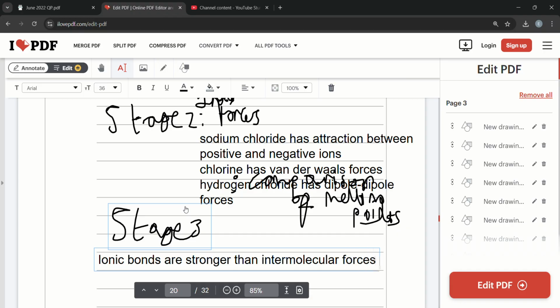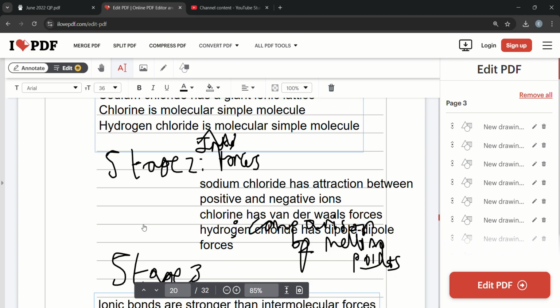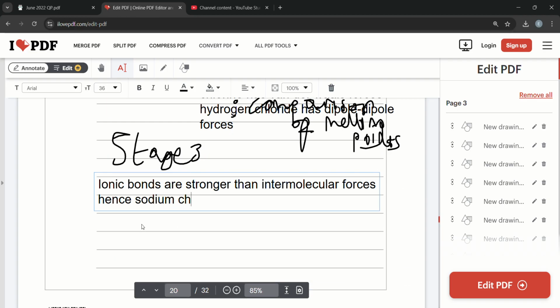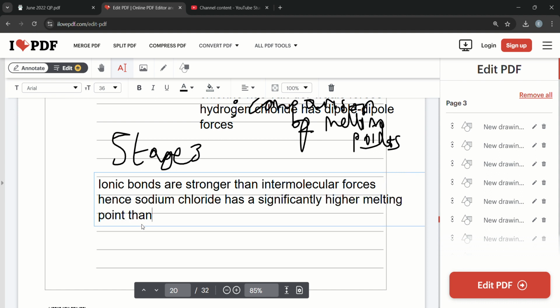Hence, sodium chloride has a significantly higher melting point than chlorine and hydrogen chloride.